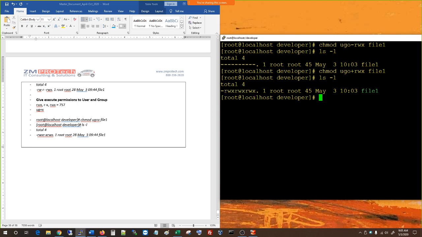So investigate this. If you come across a file when you're working in the actual environment, and all of a sudden you see a file has full permissions, that's a red alert for you. Stop and look into it, okay? Because in the real world scenario, a file or a directory will not have full permissions.